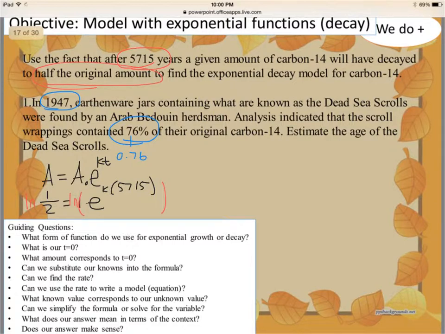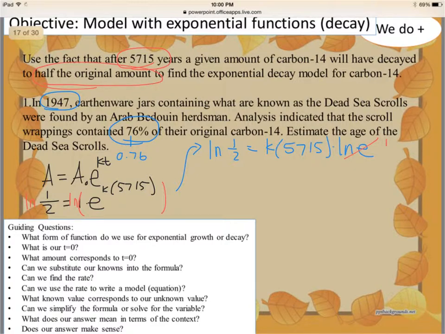When I start simplifying, I have the natural log of 1/2 on the left-hand side, and now I can use those properties of logs, in particular the power property, to bring k times my 5,715 years times ln of e, and I know that's just going to be 1, so I can just drop it from the expression.